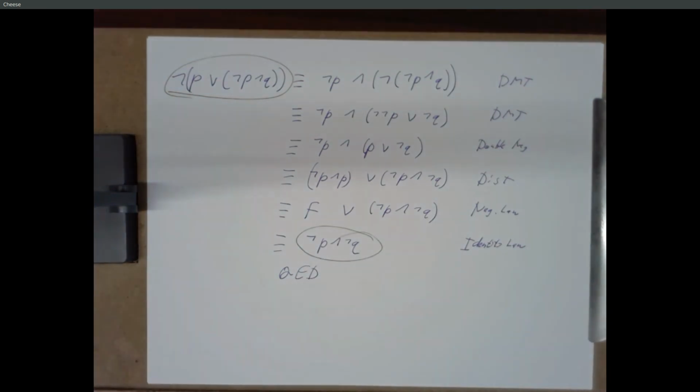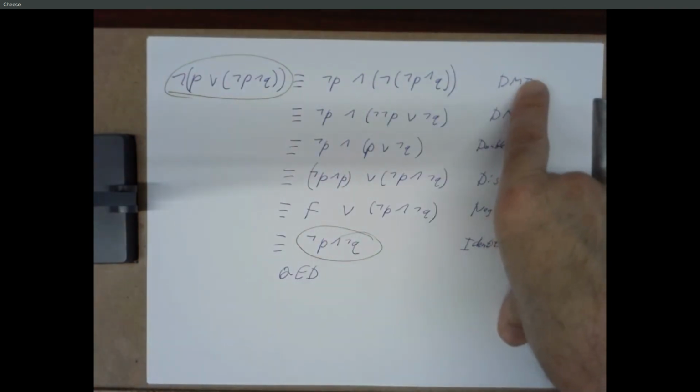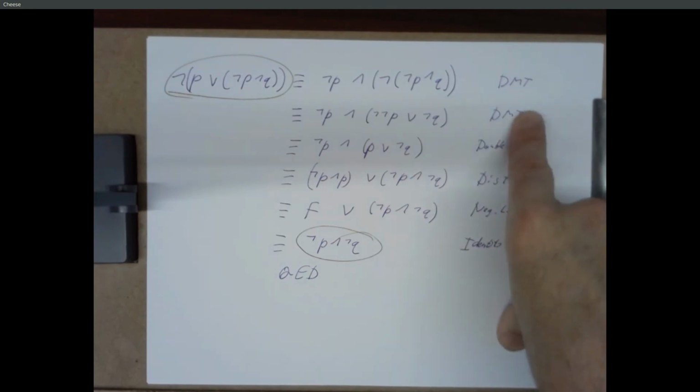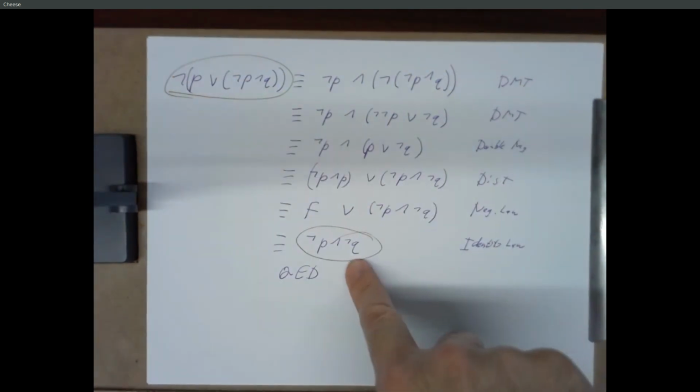Okay, and you're starting with that statement up there that the left and the right are both equivalent, and then you're trying to prove that the left is equivalent to the... Yeah, I stated this was equivalent to that because of De Morgan's theorem, and that this was equivalent to that because of De Morgan's, and that's equivalent to that because of double negation, and so on. And so in the end, that's equivalent to that.